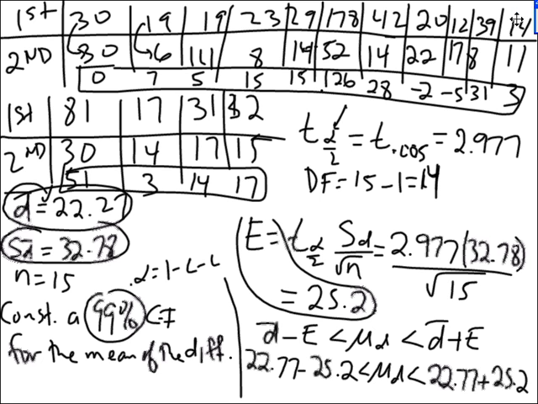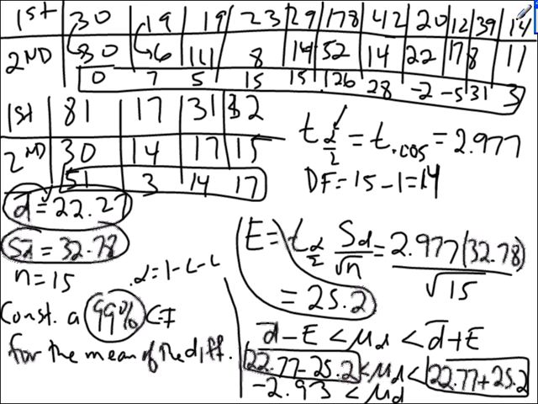I wish I could lower that page a little bit. But if you do this mathematics right here, you should get negative 2.93, and that's less than mu sub d. And if you do this math, you should get 47.97.